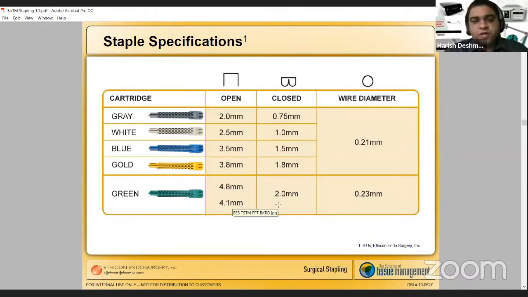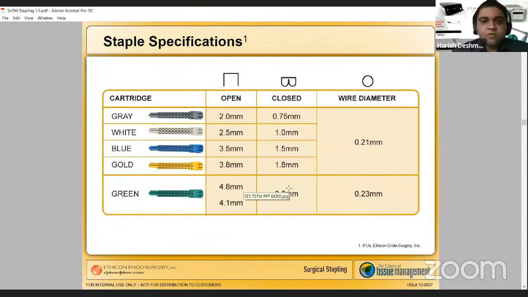The way to understand this, which I feel makes it very comfortable, is G for green, G for gaster; B for blue, B for bowel. So it makes it very easy to understand. This is what we are supposed to use: blue in the bowel, green in the stomach.